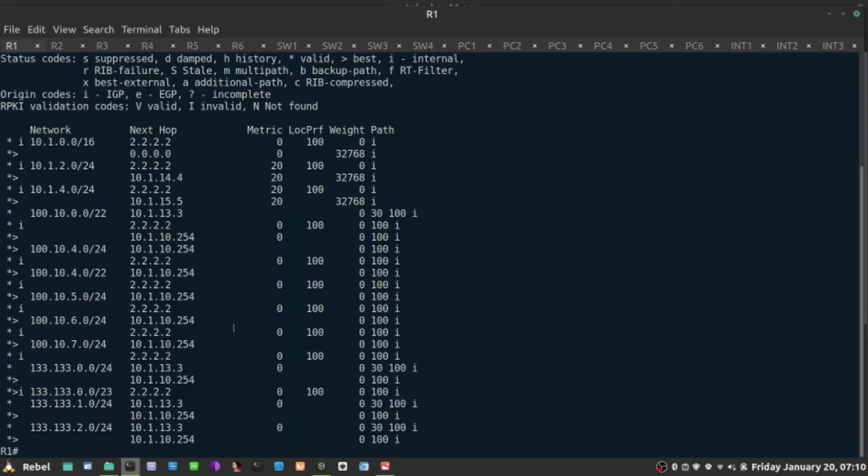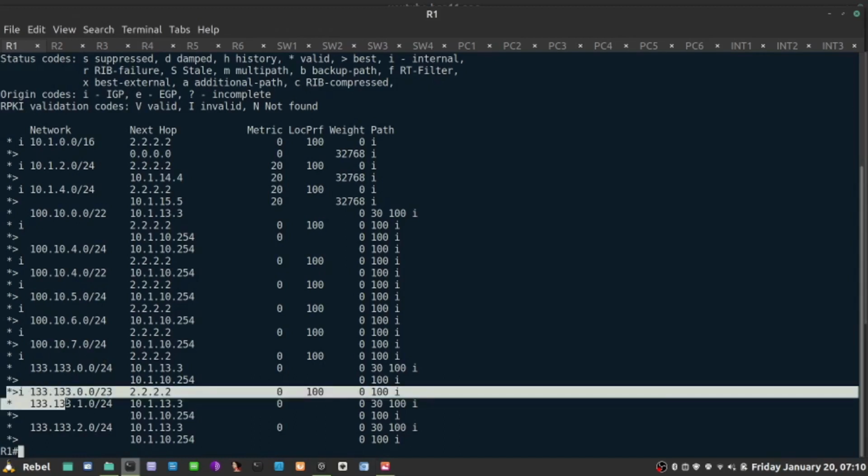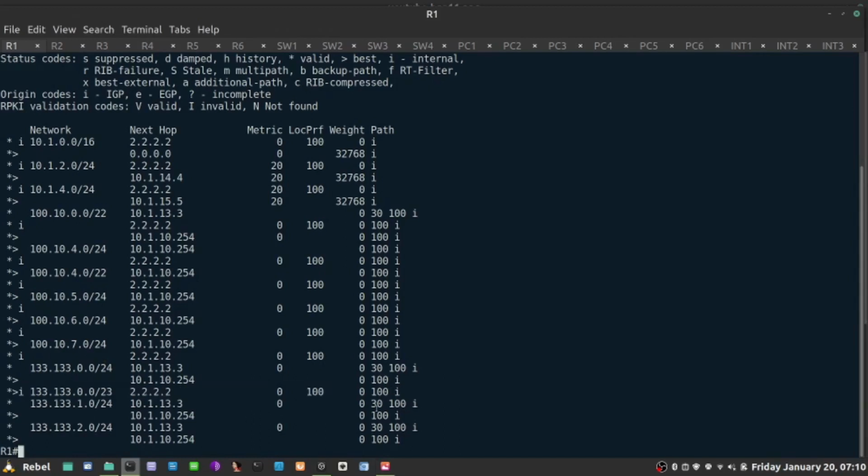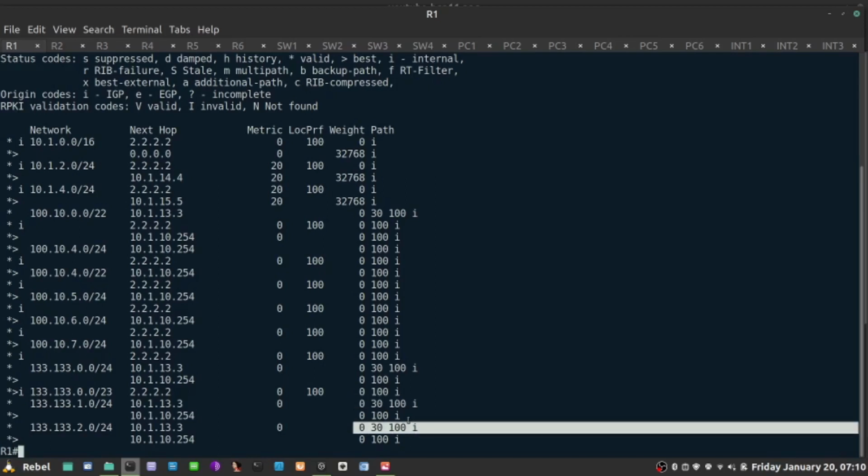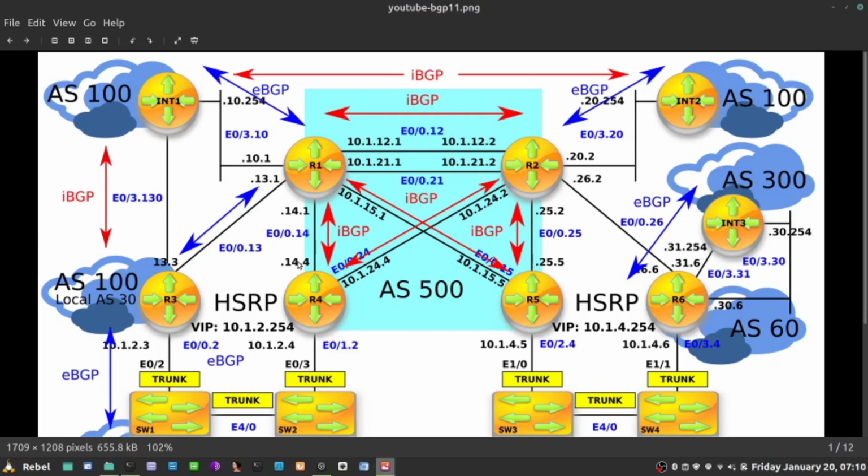And when we look at the router 1 table, what is advertised by R3, which are those prefixes here, 133.133, what we observe is that in the path we see AS30 and 100 when we receive those prefixes from R3. And again, it seems to be okay because R1 thinks that R3 is local AS30, so it thinks it has 2 hops to reach those prefixes, but in reality, there's only 1 hop.